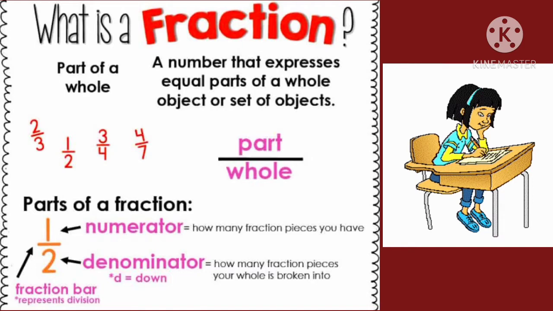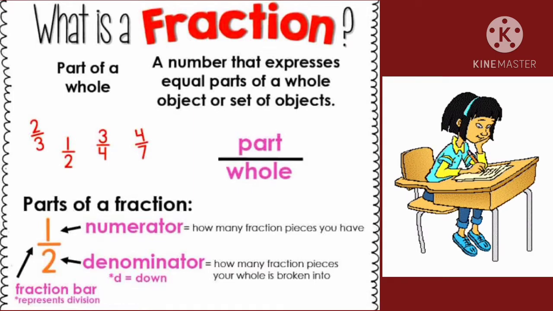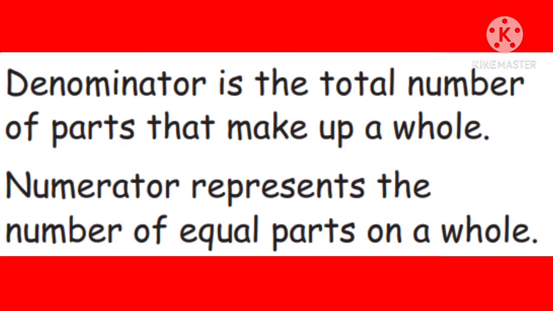Numerator means how many fraction pieces you have, and the denominator represents how many fraction pieces your whole is broken into. Denominator is the total number of parts that make up a whole. Numerator represents the number of equal parts you have of a whole.